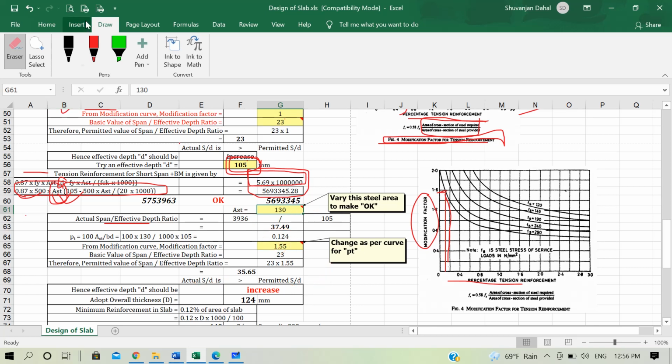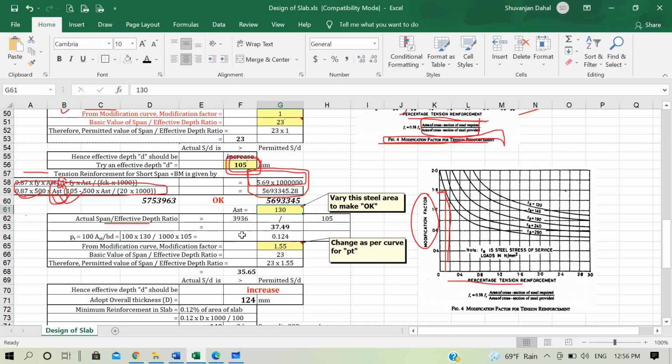I am erasing this once again. We will consider the percentage of steel here. Let's see what happens if I use 135. What is happening to our actual span to effective depth ratio? Sorry, not the actual ratio.